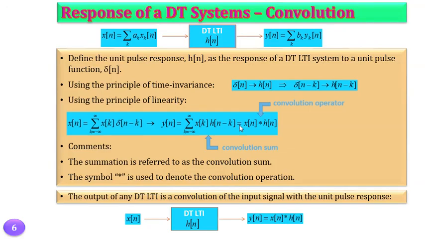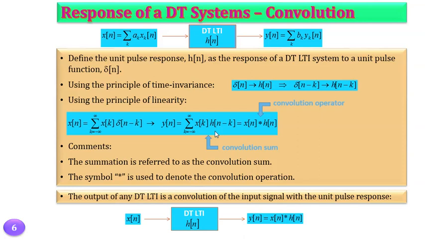The next thing that I want you to know and to practice a lot to be comfortable with is convolution. You remember what convolution was, right? We use convolution to find the response of a system to an input where we don't know much about the system.